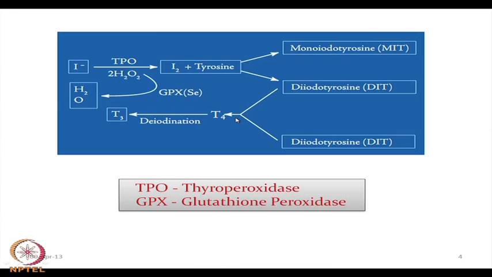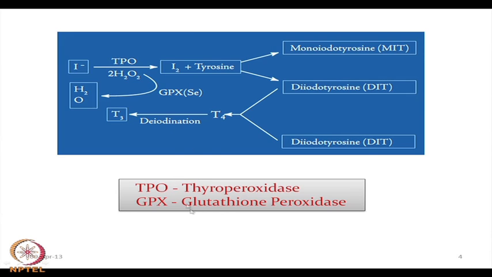So, what we are studying so far is the reaction of iodine in biology, and we find that not only are we studying the incorporation of iodine in the biological molecule, but we are also talking about its peroxidase activities. When we have the TPO molecule, the thyroperoxidase, we see that TPO is responsible for the enzymatic reaction for the generation of MIT and DIT molecules.